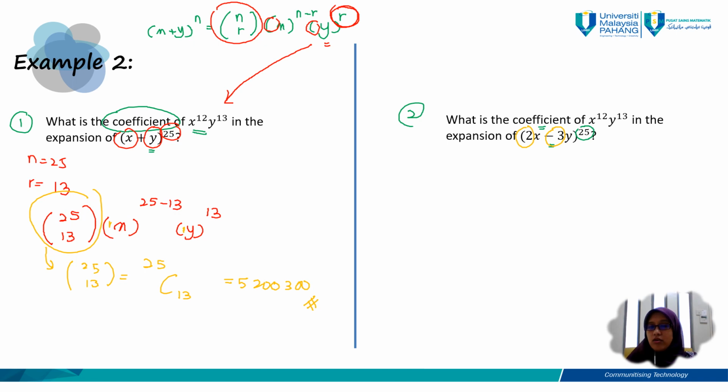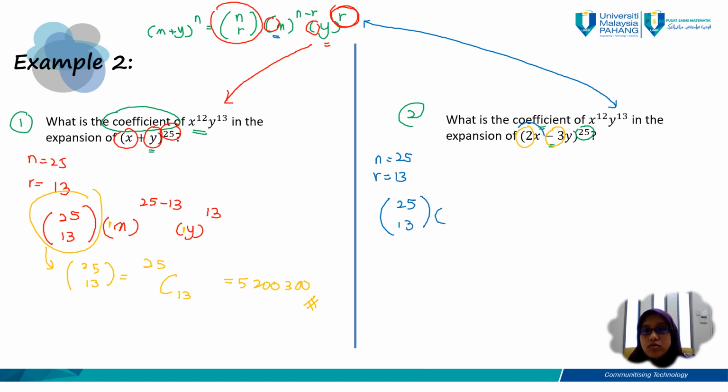Again, we are not going to expand everything. Just compare the formula with our need in the question. So we have r equal to 13, where n is equal to 25. By using the formula, I will have 25 choose 13 multiplied with, what is our x here?